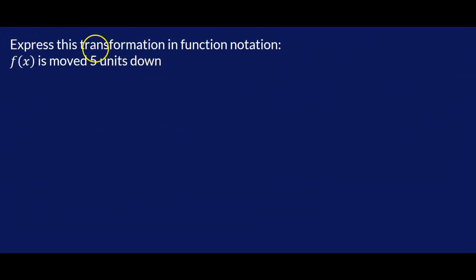Express this transformation in function notation. F of x is moved 5 units down. You can see that it doesn't really affect f of x directly in the input variable. It's going to affect the function as a whole. So 5 units down is going to be negative 5. So f of x going to f of x minus 5.